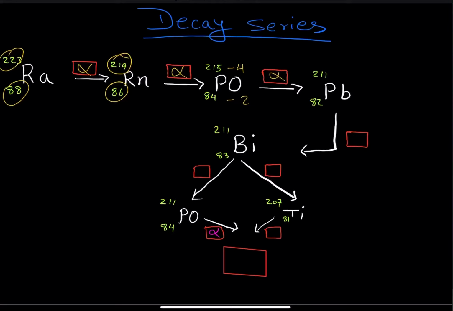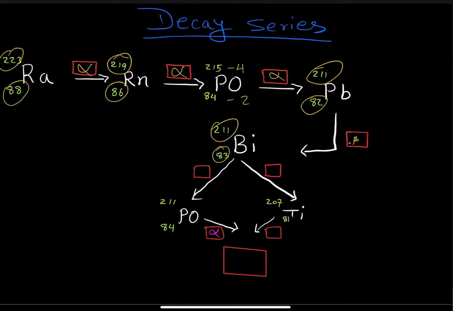If you're going from Pb 82 and 211 to Bi 211 and 83, the 211 is the same, so it should not be alpha decay, right? But what changed is the Z, you added one, so it should be beta minus decay. If you're going through Bi, there are two sides it can go through.